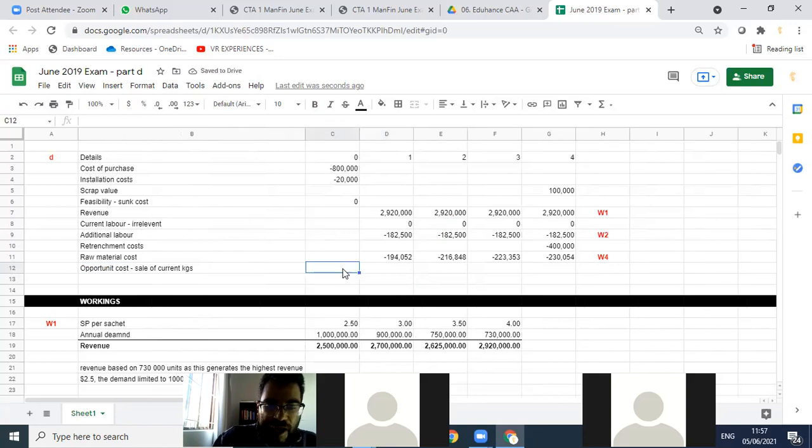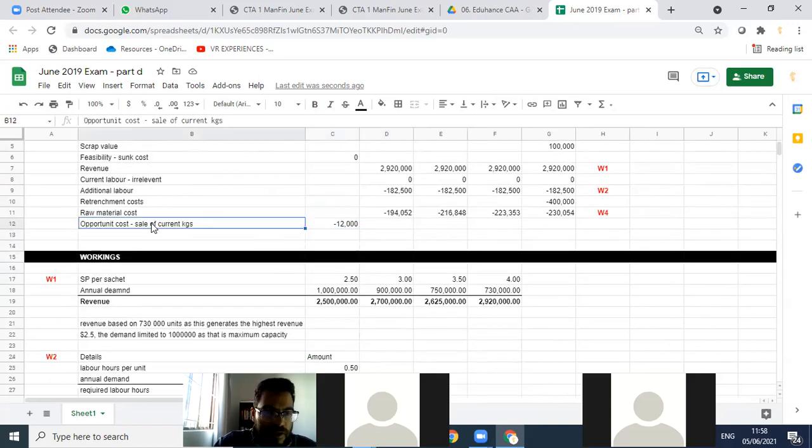We currently have 40,000 kgs on hand, and we can currently sell it at 30 cents. But if we use it in the process, we won't be able to sell it. So we're losing out on $12,000, so we make it negative. Are you happy with that?